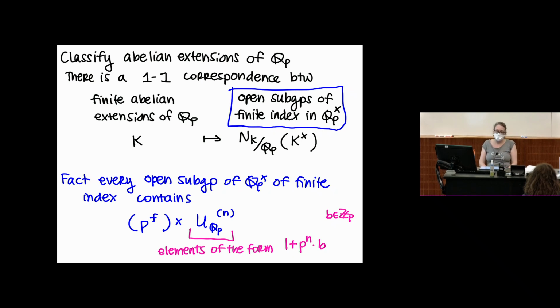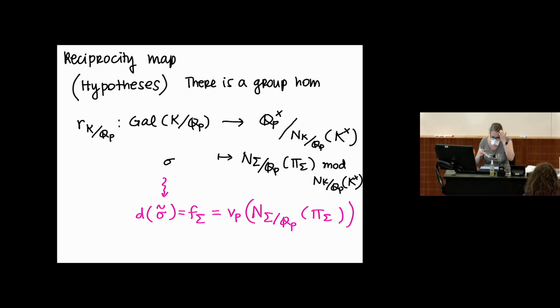If you think of the ingredients that we needed, right? We needed this D map and this valuation map. And that really relied on there being a Frobenius and a prime, right? And them kind of corresponding to each other, right?